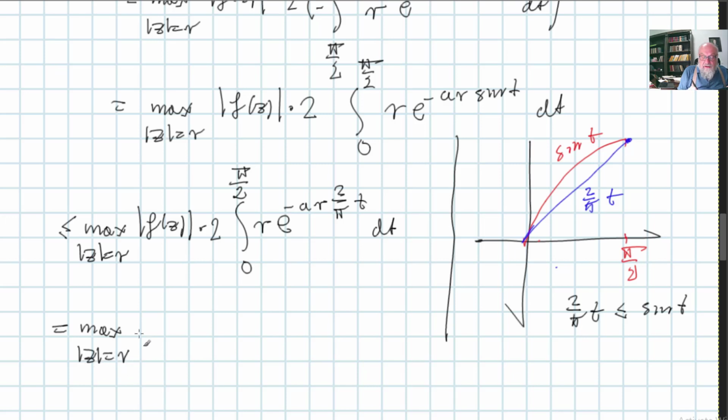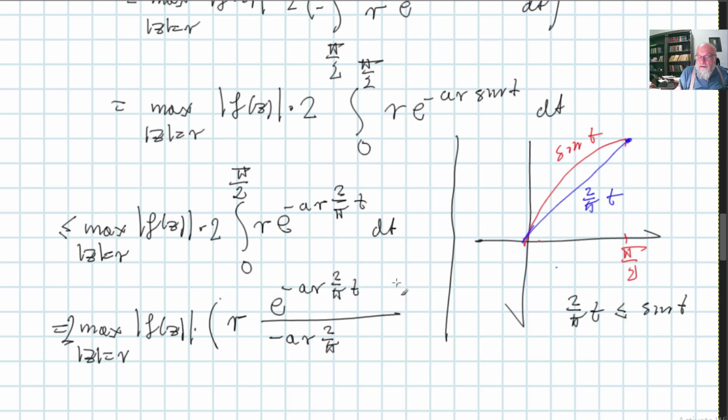Put the 2 in the front so it doesn't bother us too much. This integral has an antiderivative: R times minus e^(-aR 2t/pi) over (aR 2/pi), taken from 0 to pi over 2.